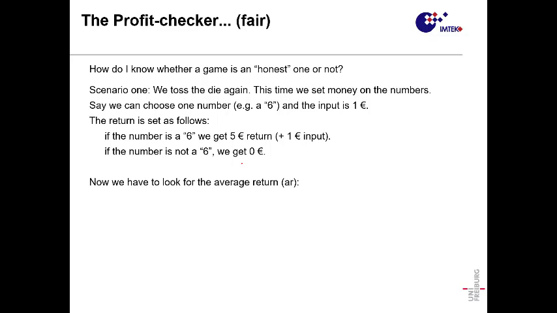And to enter the game, you have to give the person €1. So in order to be able to play the game, you have to pay €1. But he said, if you get a 6, you get €5 plus your input. I return your input to you. If it's not a 6, you don't get anything.